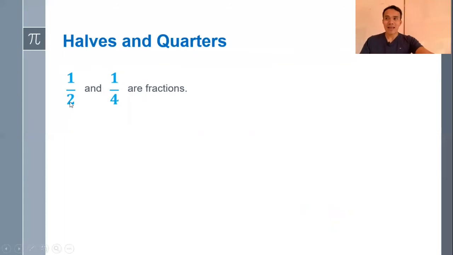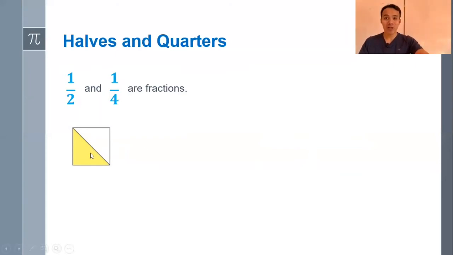As I've said, 1/2 and 1/4 are fractions. These are some examples of fractions. Let's have the square. The square is divided into 2 equal parts, and one part is shaded. The question now is, what is the fraction of the shaded part?